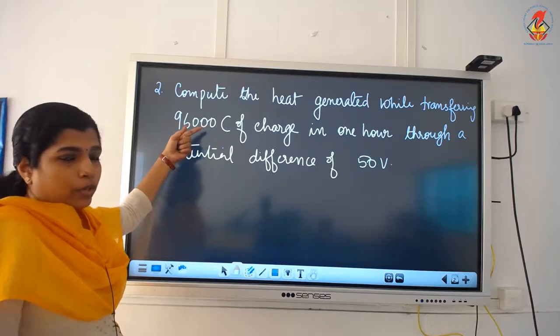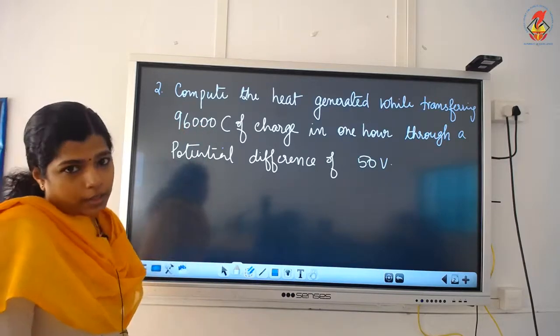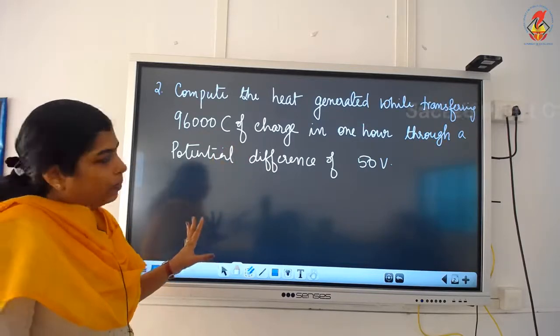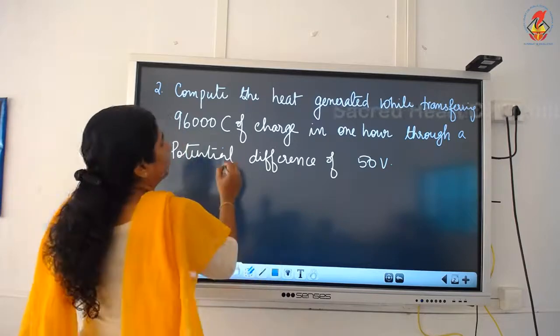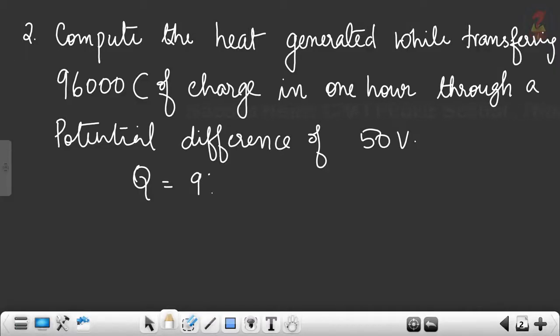I is equal to Q by T. Then you can find the heat developed. But a simple method I will use here, that is charge Q is equal to 96000 coulomb, then potential difference is equal to 50 volt. Now we know that the work done will be converted to heat energy.